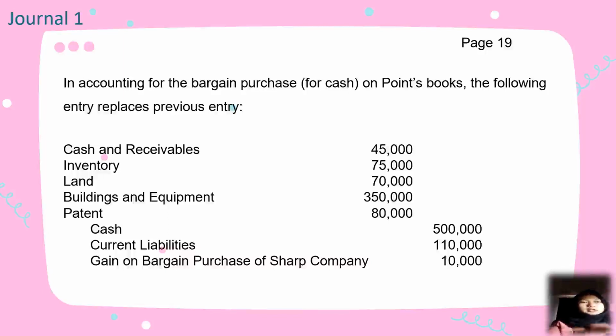And for the situation opposite to a bargain purchase, that is an overpayment: acquirers do not knowingly overpay for an acquisition. Any overpayment presumably would be the result of misinformation, and the overpayment would not be discovered until a later time.